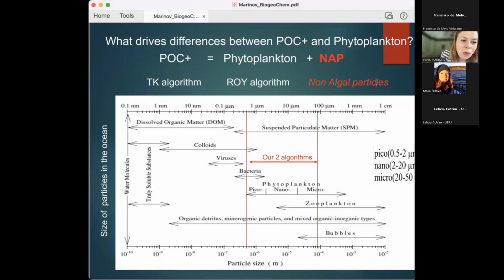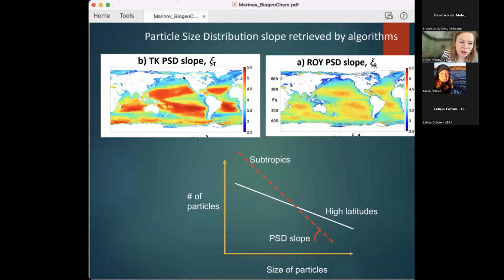I'm just going to show a couple of slides from this project, where we can understand the global patterns of size-fractionated phytoplankton, particulate organic carbon, and also hopefully non-algal particles. As I was mentioning, these two products, the Kostadinov and the Roy, retrieve the particle size distribution slope.